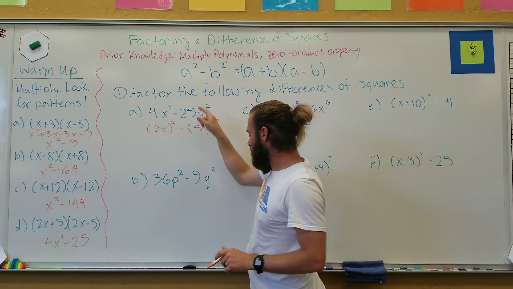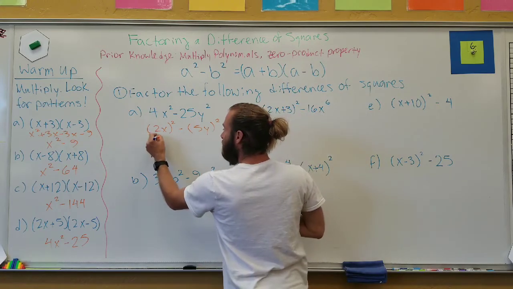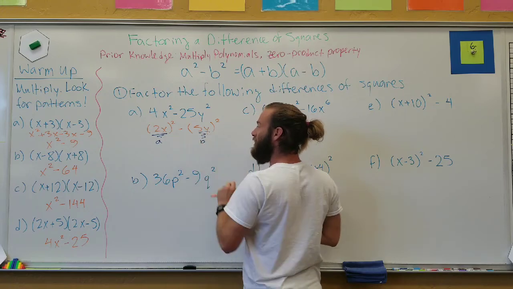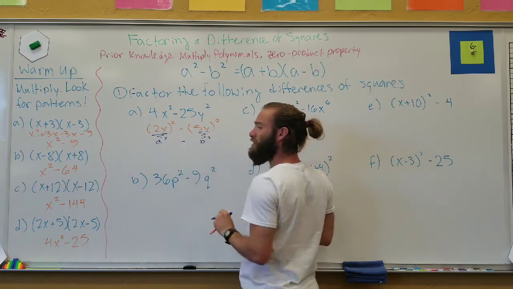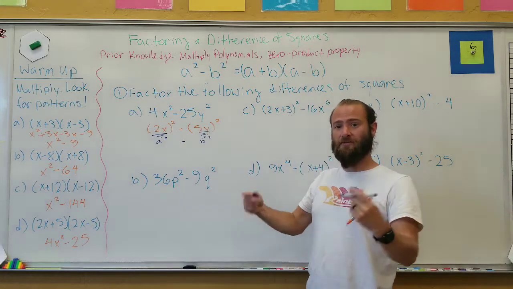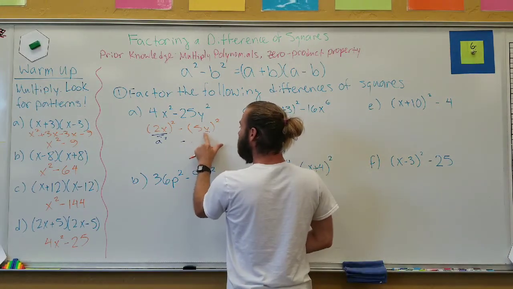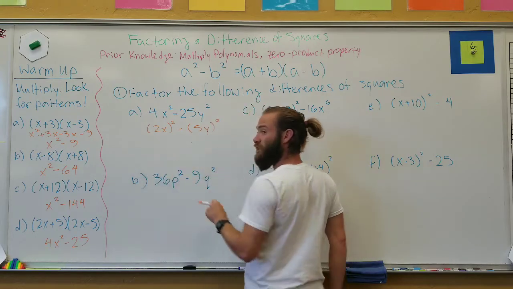So in this case, this 2x is behaving like my a, and this is behaving like my b. So if this is a squared minus b squared, we know it's a plus b times a minus b. All right? So let's finish this one off, and we'll talk about the other ones and have you do some practice on your own.